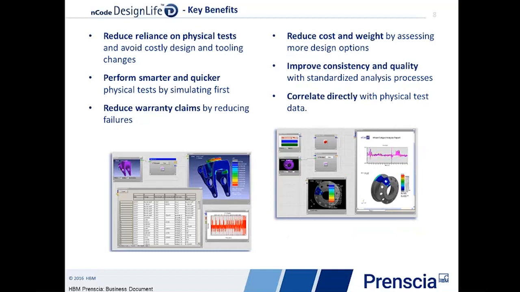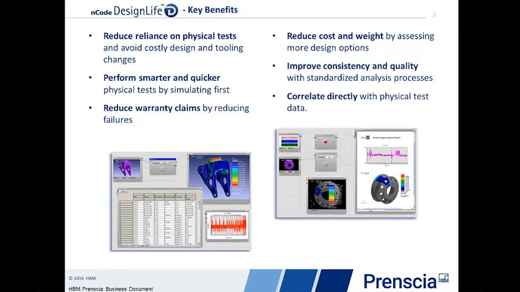A historical way of designing for fatigue was just to make parts heavier, just make them stronger. And in the age of lightweighting, that's really no longer effective. So DesignLife allows us to be more precise in our fatigue analyses, to design parts that will be durable, yet cheaper and lighter.